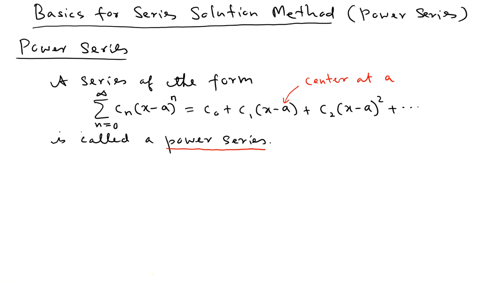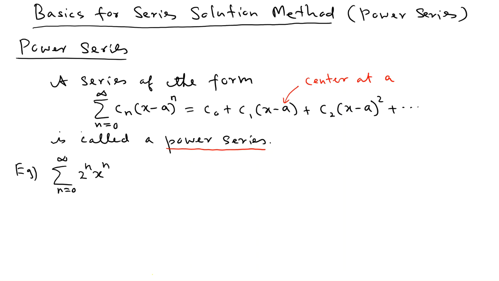Good. So let's look at some examples. The first one: sigma n going from 0 to infinity. You don't have to start with 0 always; we can do it any way you like, because of reindexing, which we can discuss later. So 2 to the n times x to the n.